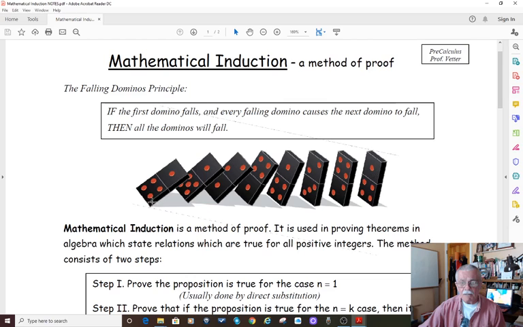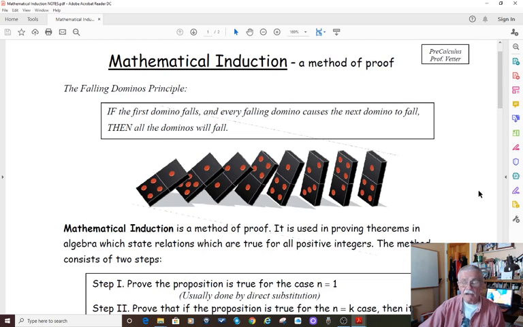If you have a bunch of dominoes, and I'm sure you've seen these demonstrations in the past, where they're stacked up in crazy patterns, and you push over the first one, and then all of a sudden the first one knocks over the second, knocks over the third, knocks over the fourth, and so forth. An entire beautiful pattern is continued on and on.